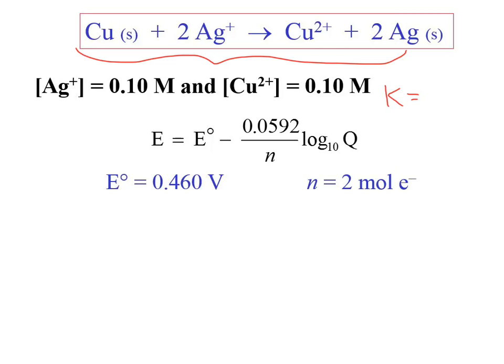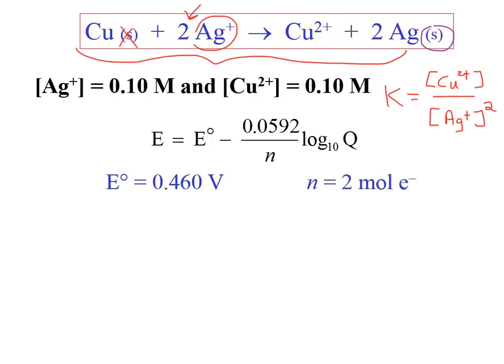K is equal to the molar concentration of the products raised to their stoichiometric coefficients, but anything that is a solid does not appear in our equilibrium constant expression. So it is the copper 2 plus divided by the molar concentration of the reactants, forget copper solid, raised to their stoichiometric coefficients. So the equilibrium constant expression looks like this for this cell.